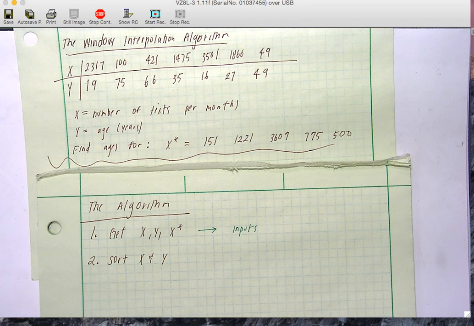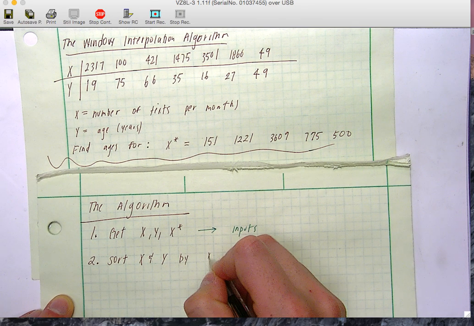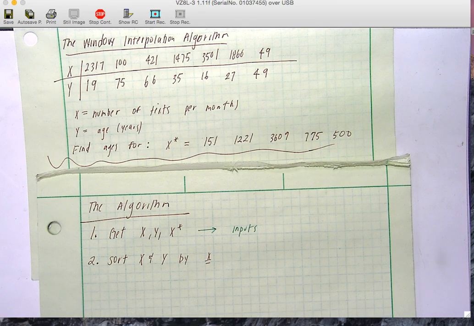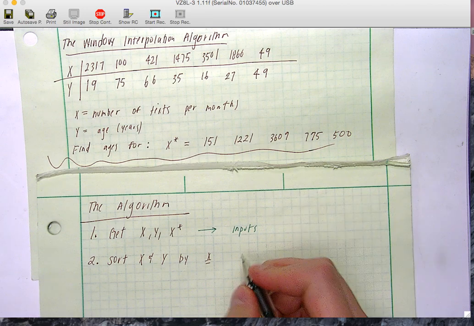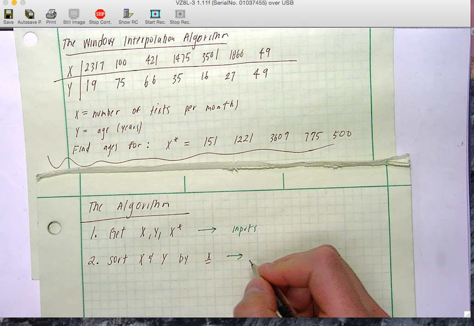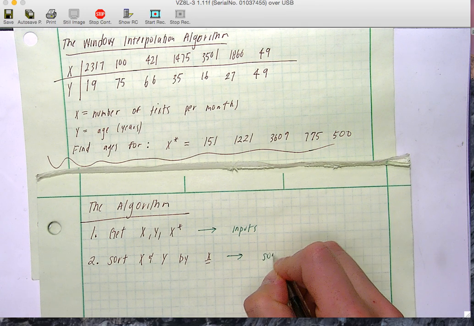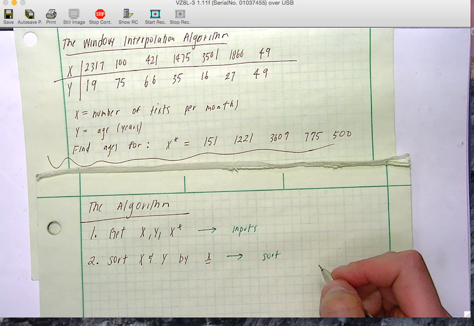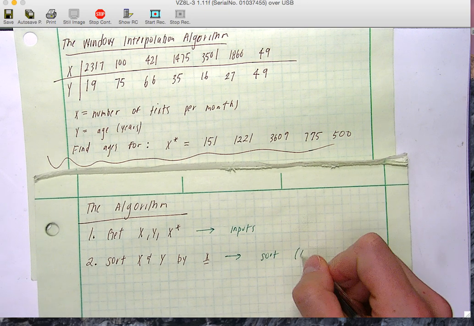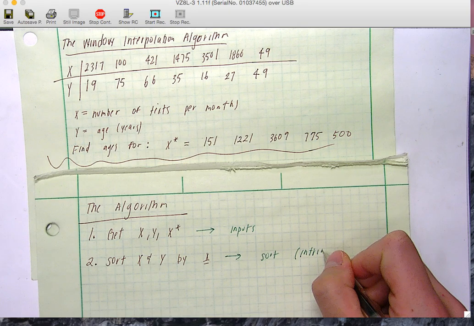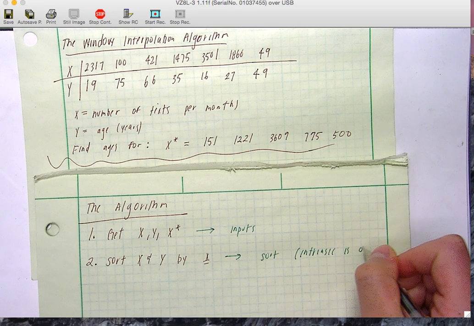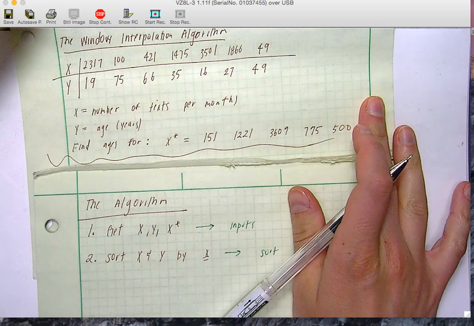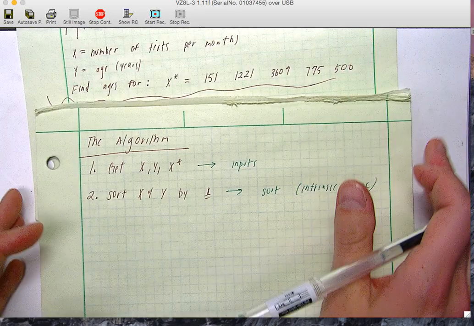So do you want x and y to be sorted with x or y? Yeah. You want it sorted by x because that's the bracket that you're looking for. So even though in the past this has been an algorithm that I've had the students write, for this lab you can just use the intrinsic sorting algorithm.